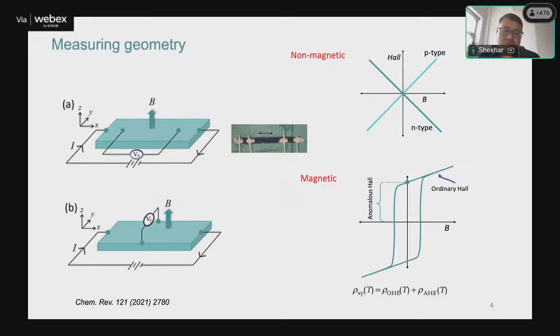But when we apply the four probe method, we can exclude the contact resistance and get the intrinsic resistance of the sample, which is what we are interested in measuring. That is the major difference between two probe and four probe.